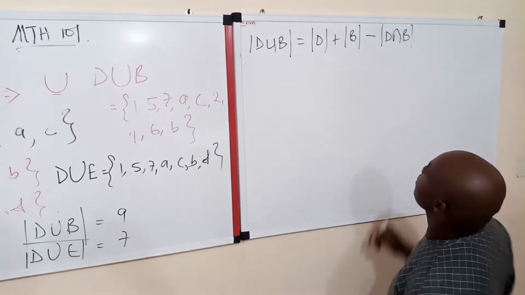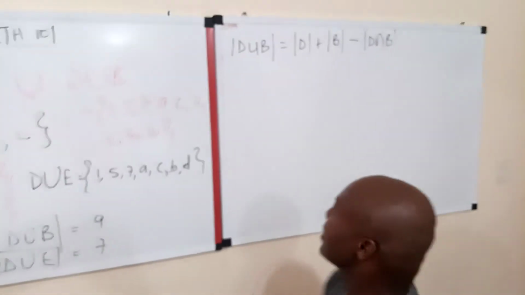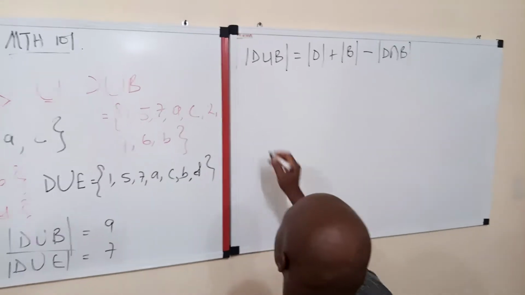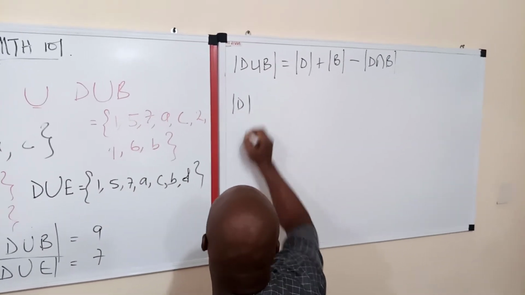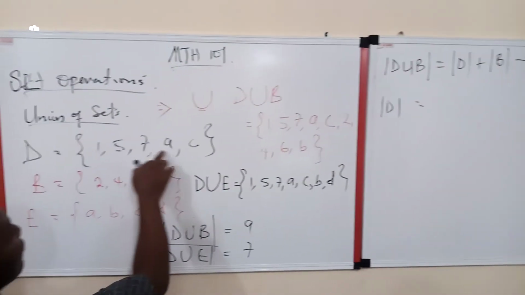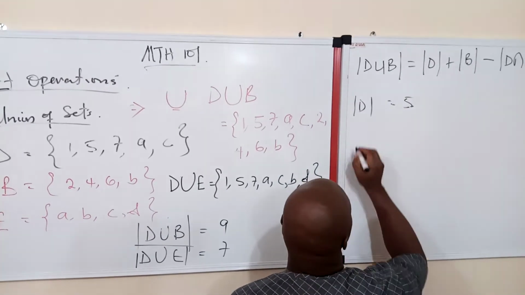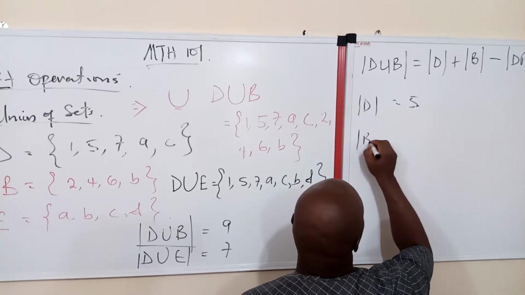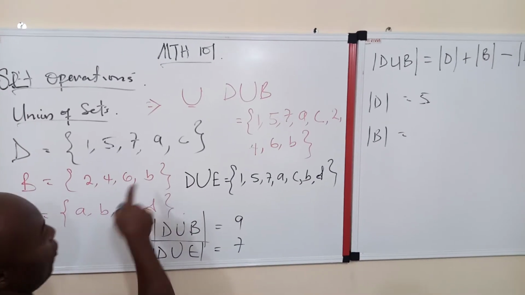If you use this formula, you will still arrive at this. Now, let's see if what we are looking at is true. The cardinality of D is 1, 2, 3, 4, 5. You can see that we have 5 here for D. The cardinality of B is 1, 2, 3, 4. It is 4.